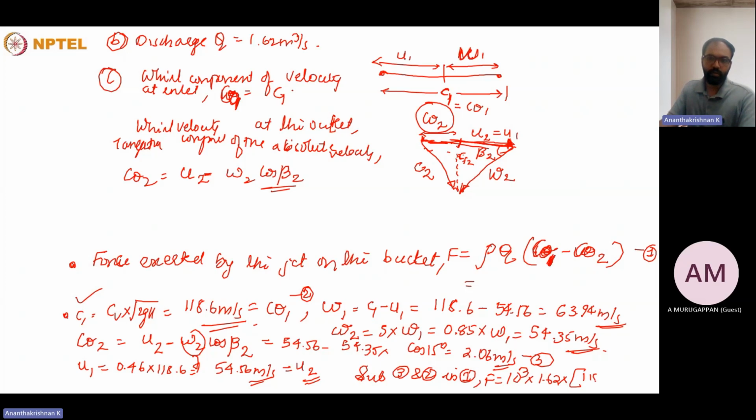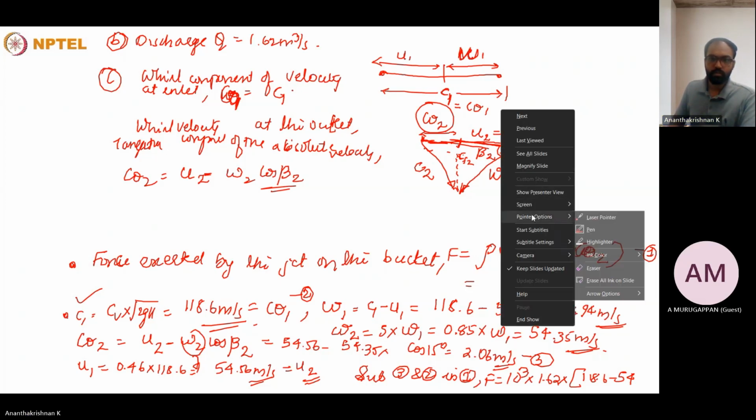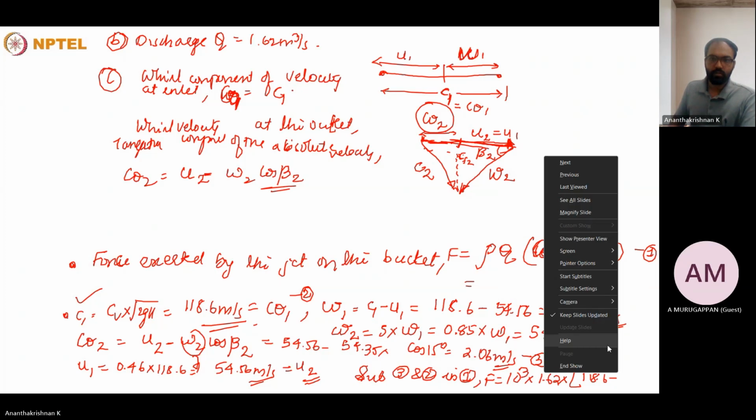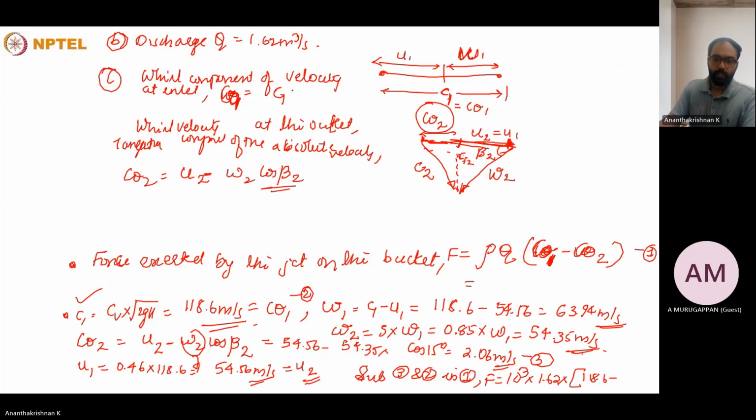C theta 1 is 118.6 minus c theta 2 value is 2.06. So correspondingly, the force value will be 188.63 kilonewton.